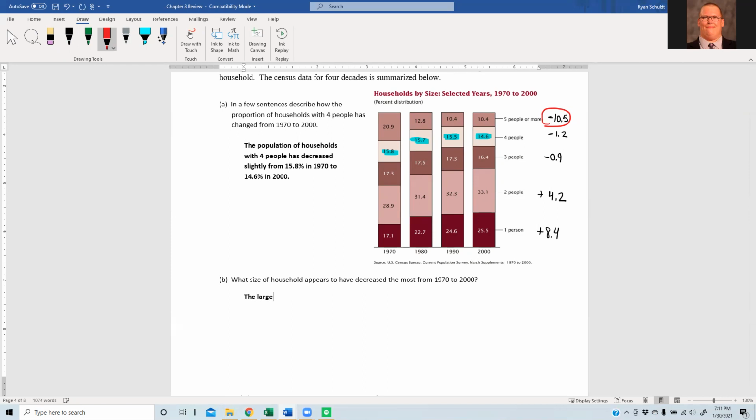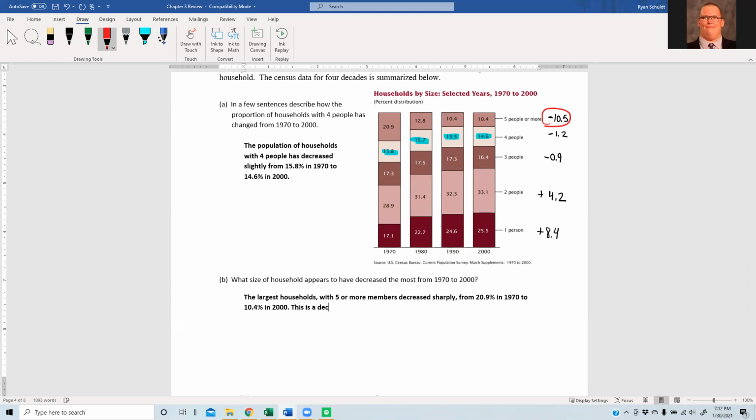The largest households with 5 or more members decreased sharply from 20.9% in 1970 to 10.4% in 2000.